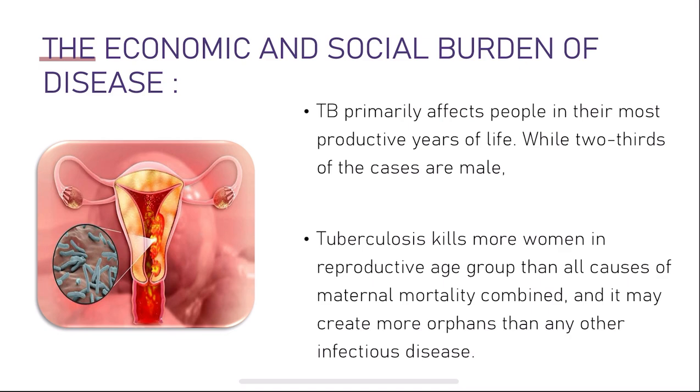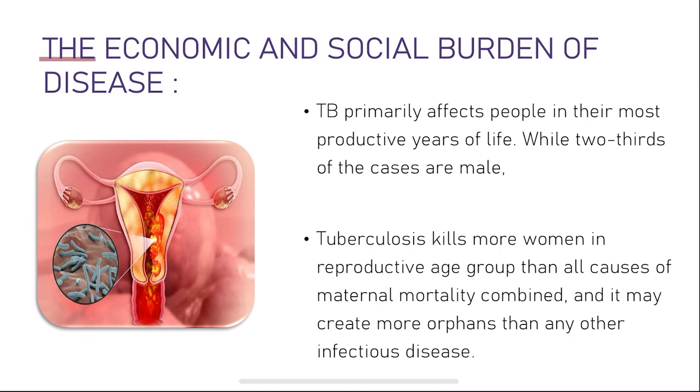Nowadays, since advances have occurred, even the females are contributing equally to the family's burden. Here we generally see that 2/3 of the cases are males, and they are mostly affected in the productive years of life, and it is causing a greater social and economic burden on society.